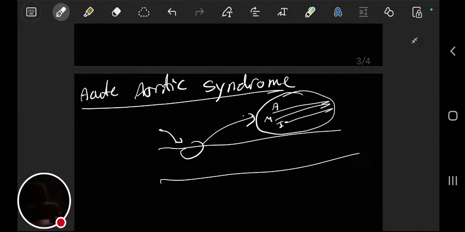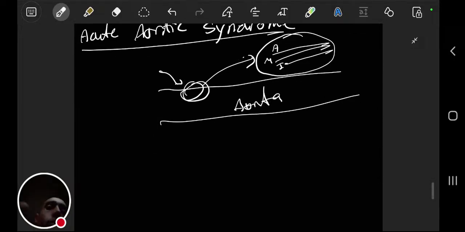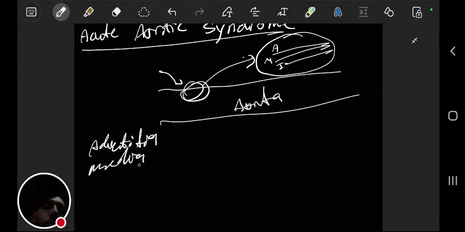Those are the three layers of the wall of the aorta, or even of big blood vessels.